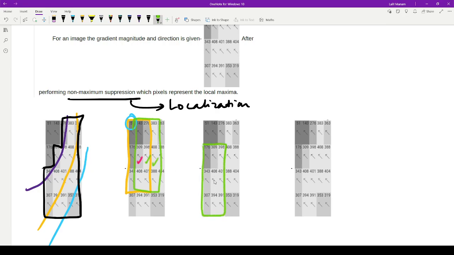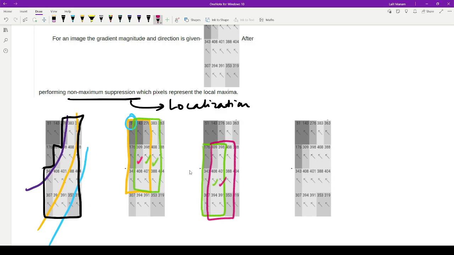What will you say? 408, will it survive? Yes. What about the other one? The other one is 401, centered around this. It is the 309. Will it survive?